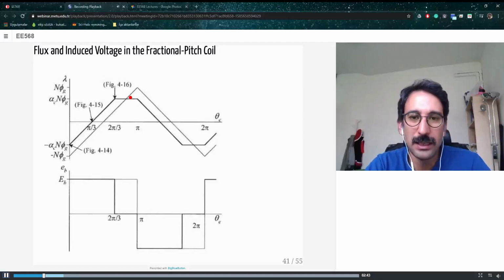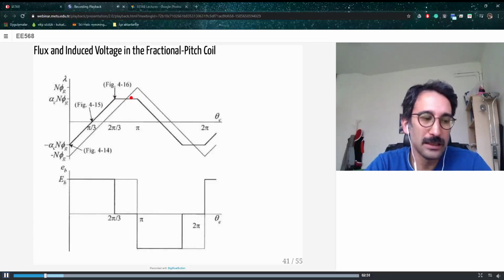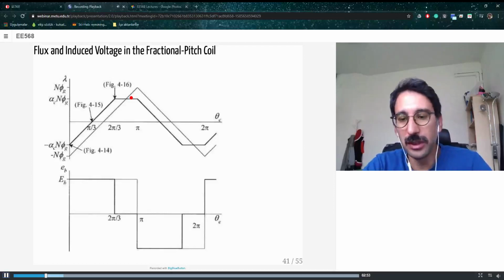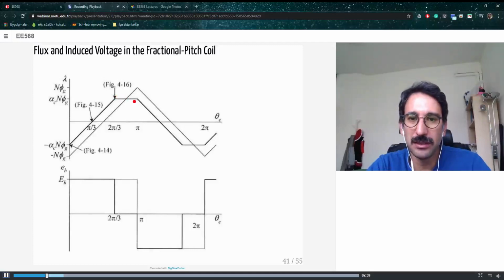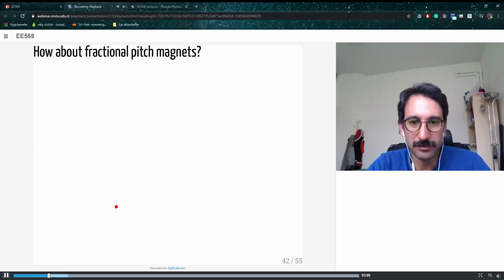If you again take the derivative of that waveform, whenever the flux is constant the absolute value has no meaning. What we are interested in is the derivative of the flux. Since the derivative of the flux is 0, we see 0 voltage here, and then it goes negative. So it is like a square wave, but with some 0 regions in between.